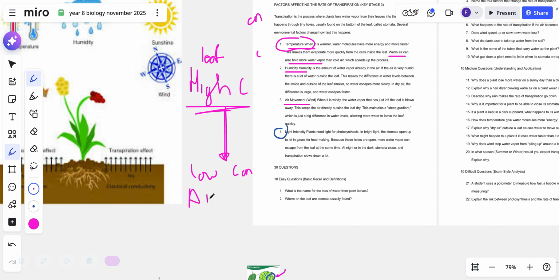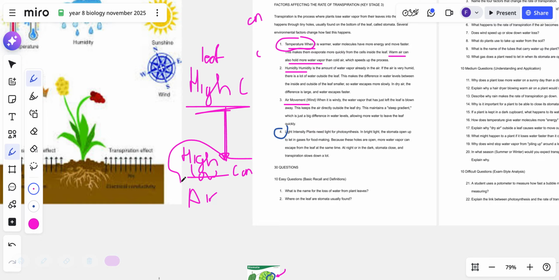Normally there's a high concentration of water vapor inside the leaf and a low concentration out, and the water molecules are happy moving out. But all of a sudden the air is really humid, so now you have a high concentration in the air outside. So your molecules don't move out as fast.